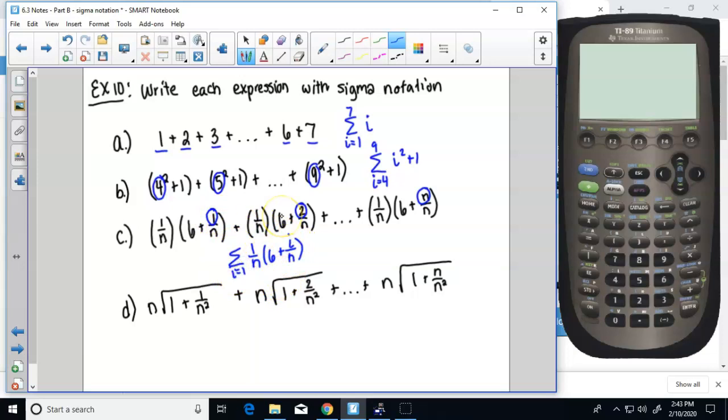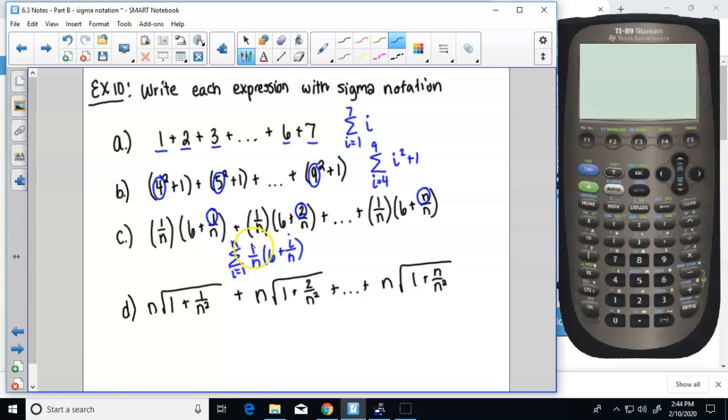What does it go up to? N. There. Now, they can make this even more difficult if they reduce that N over N to 1. So you just have 6 times 7, or 1 over N times 7 there, which would make it more difficult to figure out the pattern, I think. For that one.